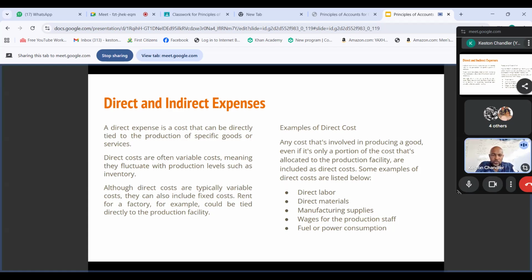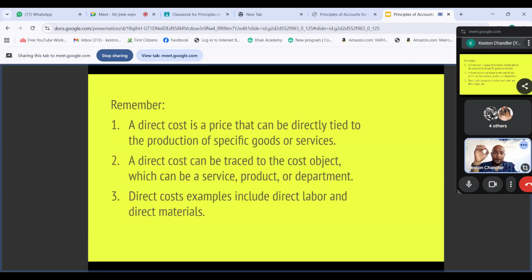Examples of direct costs will include things like direct labor, the workmen that are working on the products, direct materials, manufacturing supplies, so the wood, the glue, right? The wages of the production staff, so long as they're working on the actual production. Fuel and power consumption that is directly related to the making of the product. Now, the direct cost is a price that can be tied directly to the production of the goods.